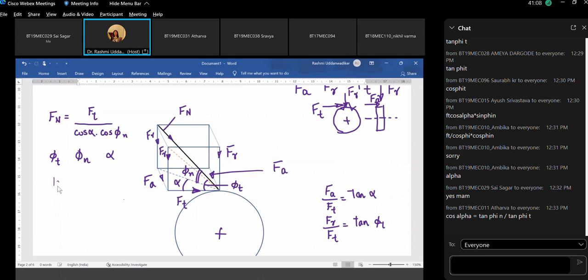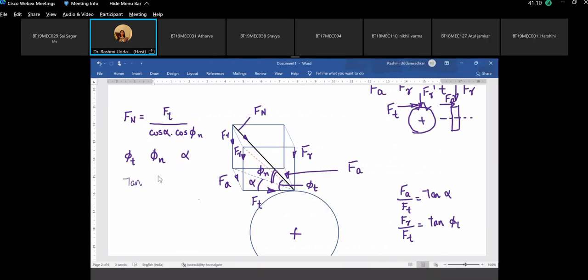Same thing I am writing as tan phi t is equal to tan phi n upon cos alpha. Or cos alpha is equal to tan phi n upon tan phi t. Summation is 180. Okay.